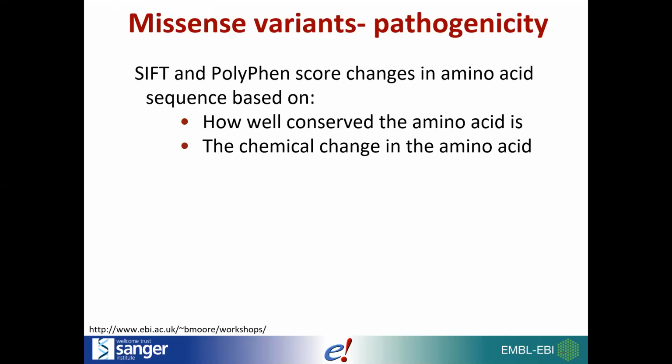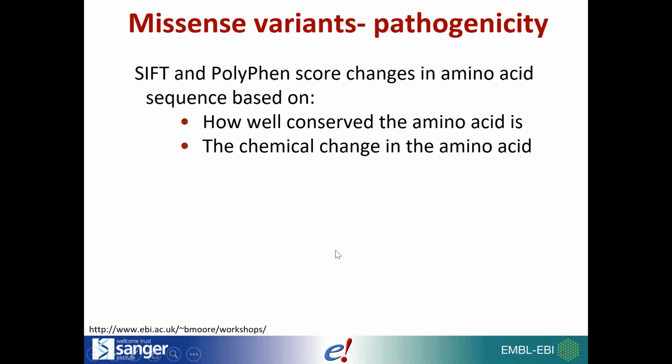Or if we have a tight turn where the glycine is needed for being able to change the direction of the peptide chain, the larger amino acid might not be able to allow that kind of a tight turn. If we have changes between hydrophilic and hydrophobic, or polar and non-polar side chains, that might interfere with protein folding as well, etc.